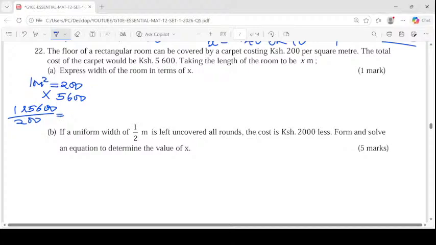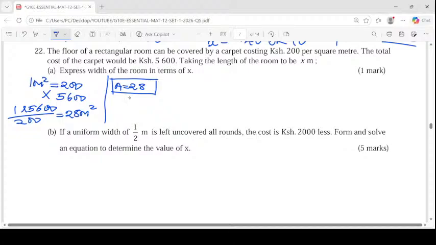This exactly gives you 28 square meters. So that means that the area of that rectangular floor is 28 square meters. So I'm going now to have it this way. The area is 28.